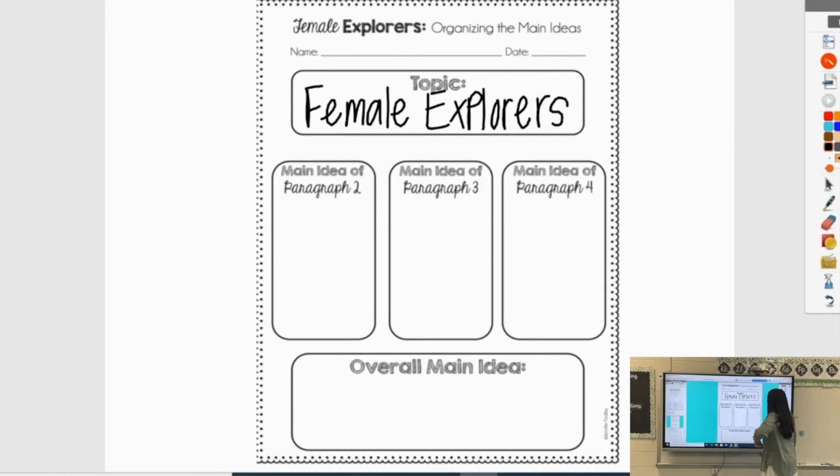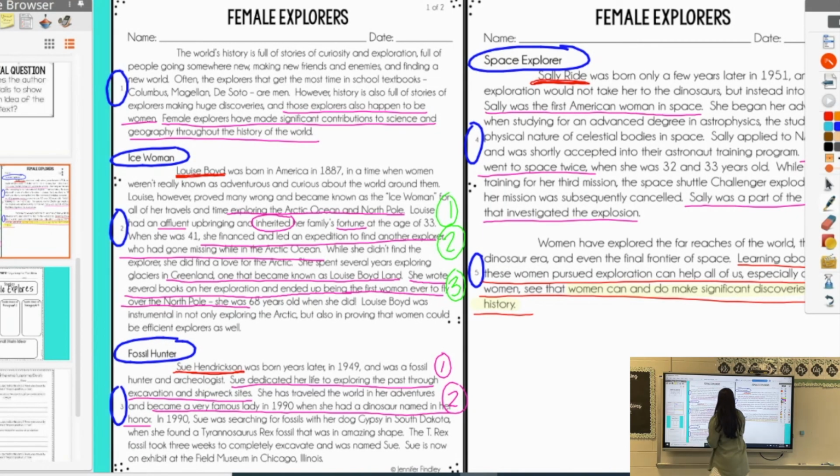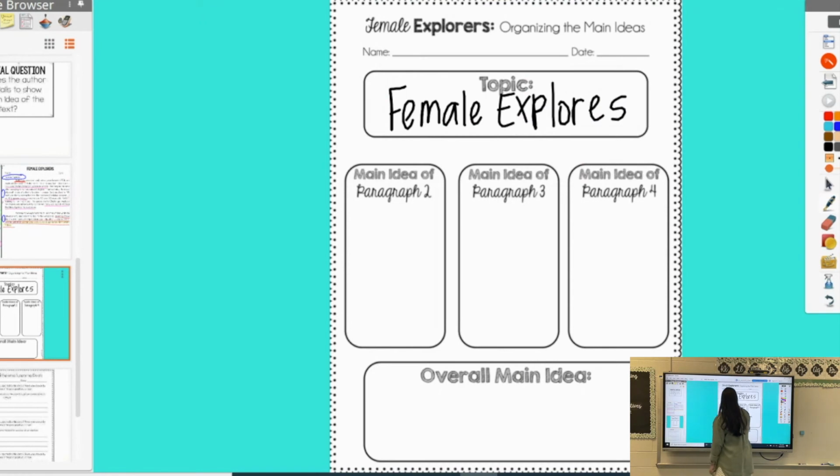And what was the main idea of paragraph 2? So paragraph 2 says, what's her name? Louisa Boyd became known as the Ice Woman for all of her travels and time exploring the Arctic Ocean and North Pole. So let's make sure we're stating their name.